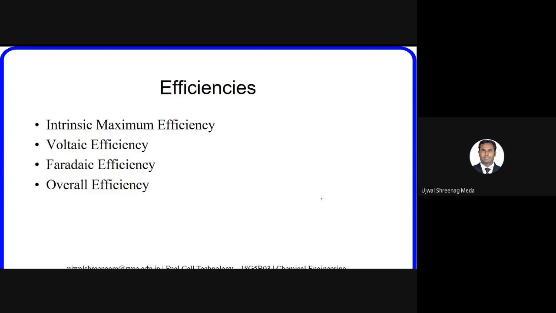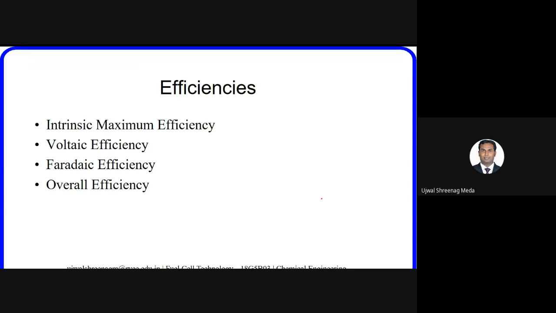So four different efficiencies. One is intrinsic maximum efficiency, voltaic efficiency, Faradic efficiency, and the overall efficiency. The overall efficiency is the other three clubbed together. So that is the intrinsic maximum, voltaic, and Faradic efficiencies clubbed together, we get the overall efficiency.